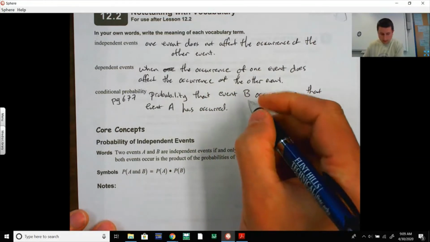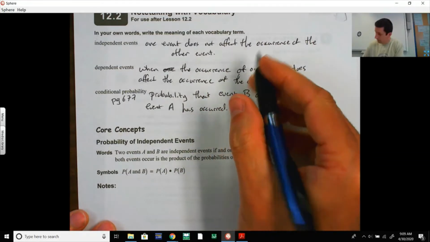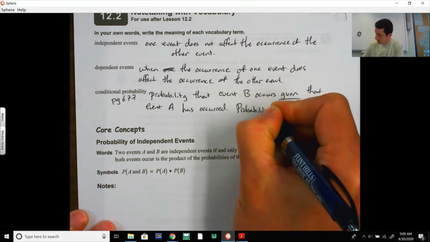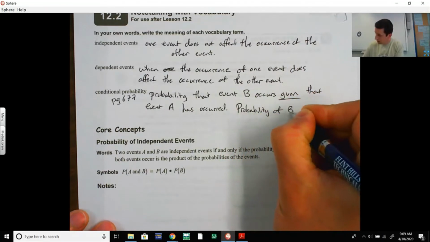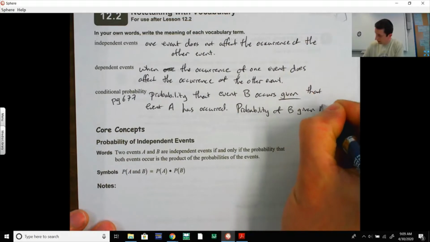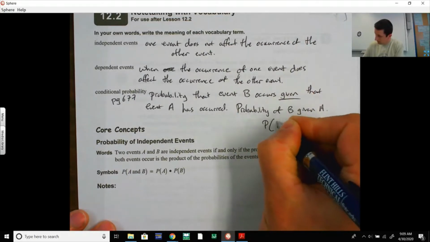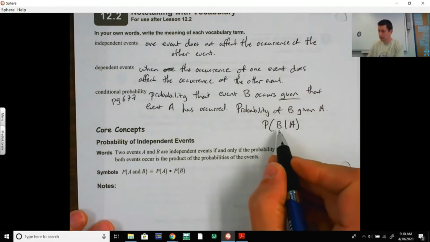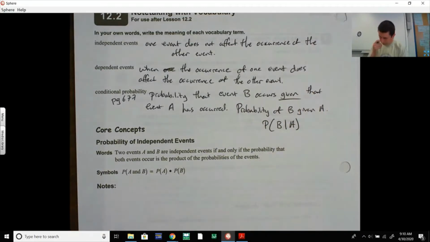Okay? So this is written out more as the probability of B given A. And its short term is like that. Probability of B given A.